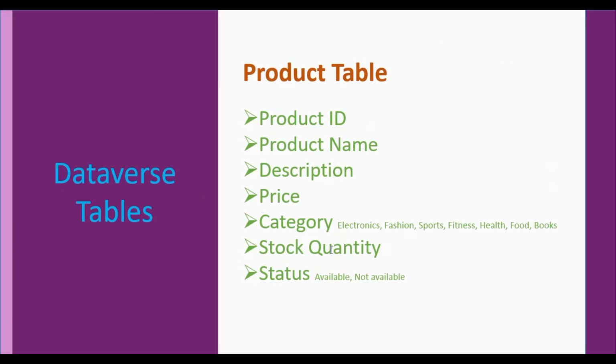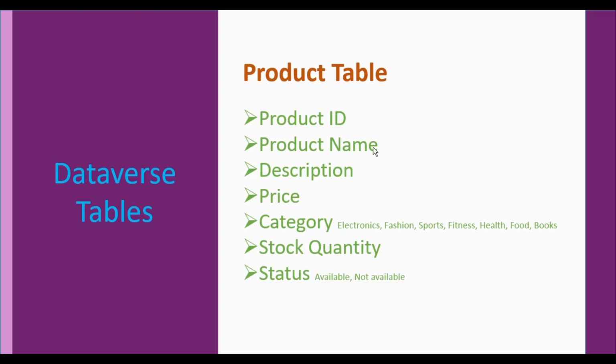Let's add these columns in the product table. We have added a product ID, which will be the primary column in the product table. We will edit it, and add product name, description, and price.